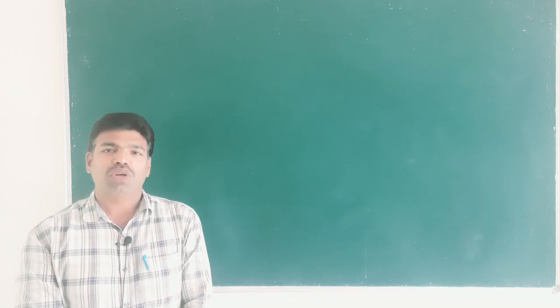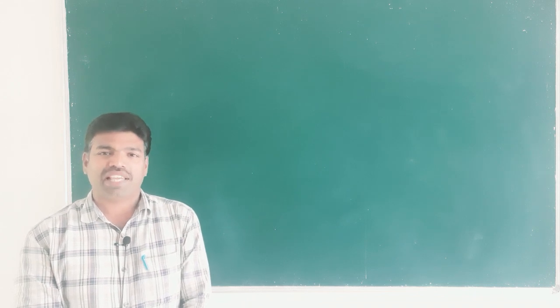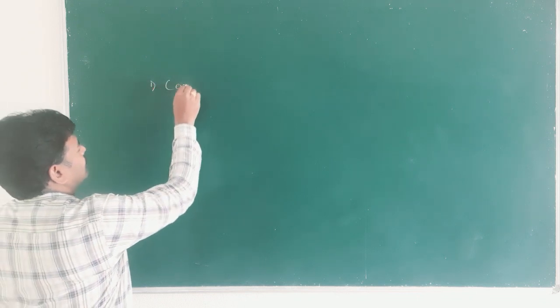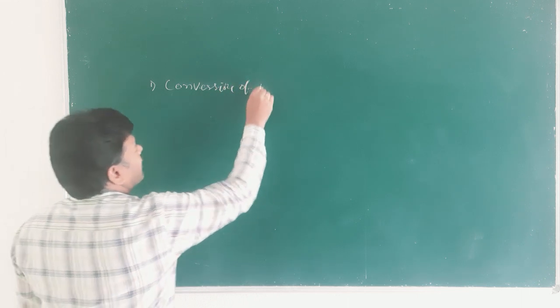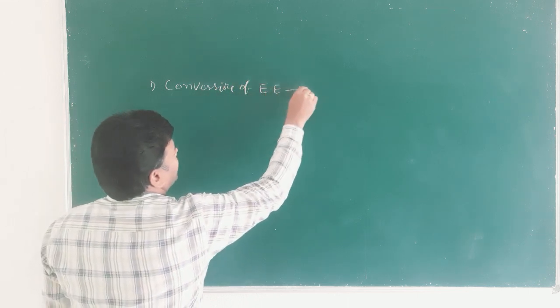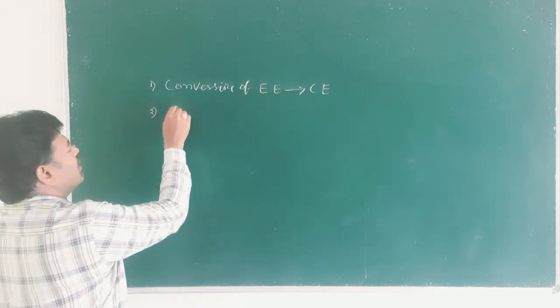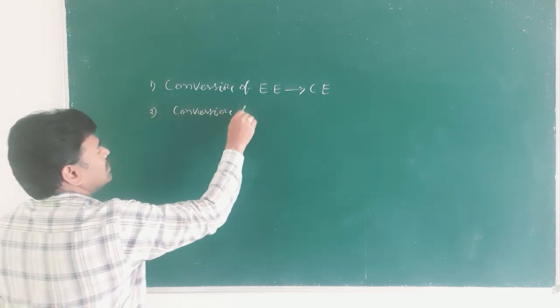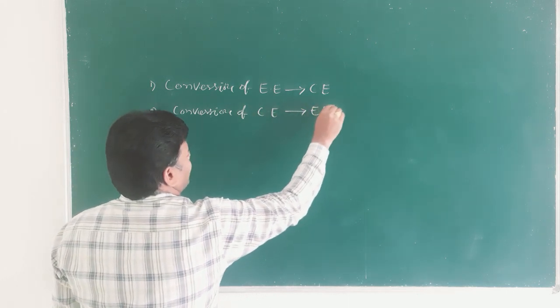In the last videos of electrochemistry, we went through the electrolytic cell, electrolysis and Faraday's laws of electrolysis. Electrochemistry deals with the conversion of electrical energy into chemical energy and the conversion of chemical energy into electrical energy.